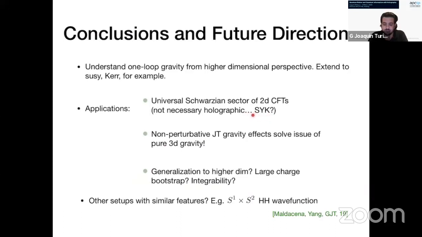Yes, I didn't emphasize it too much. I assume that the 2D CFT has a twist gap, but I didn't have to assume that it's large. When you talk about holography, you assume the twist gap is large, which is related to having a local bulk. What I mean is you have this Schwarzschild sector emerging from 2D CFTs that are not holographic, in the sense that they are not dual to something local.